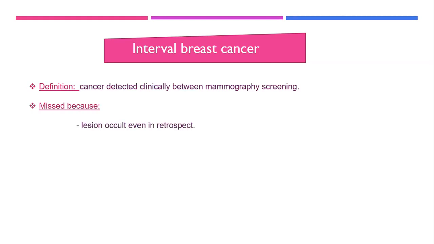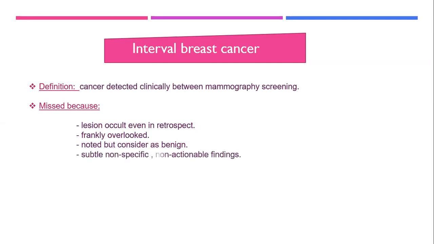And the causes for missing, as we described before: the lesion might not be appreciated even in retrospect, for the reasons or factors we described before. Or the lesion might be frankly overlooked, or noted but considered as benign, as might also be in this case. It was not overlooked, actually detected, but considered as benign. Subtle, non-specific, or non-actionable findings.